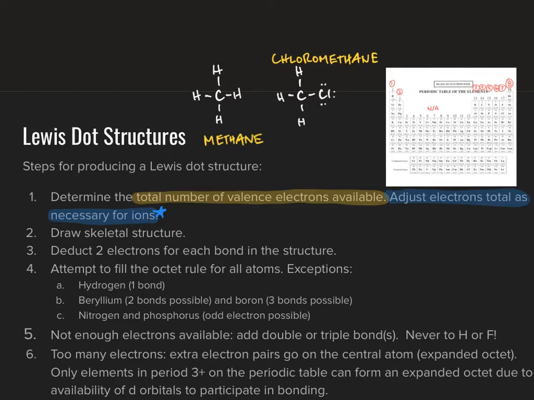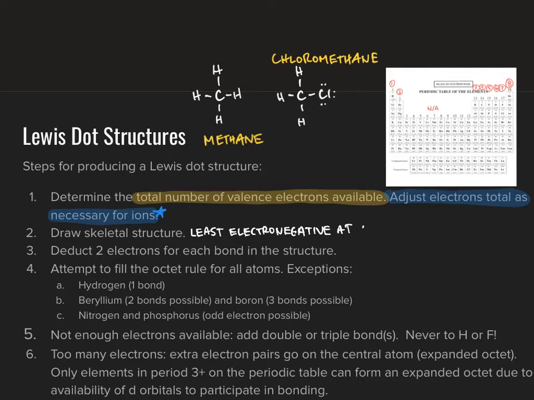Step number 2, we're going to go ahead and draw a skeletal structure. When we get to chapter 22 for drawing organic molecules, you'll have a little bit more information about these skeletal structures. But in general, when drawing your Lewis dot structures, a good rule of thumb to work with is to start with the least electronegative element and place that at the center of your structure, and draw the more electronegative elements all around the periphery, around the outside.